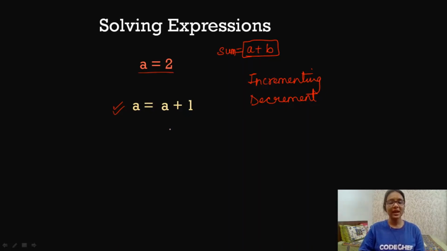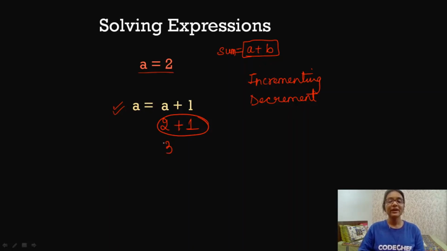So here what will happen is that initially the value of variable A is 2. So we can use this value of variable A on the right hand side. That is, A is 2 plus 1. Then we will solve this expression. When we solve this expression, it will come out to be 2 plus 1, 3.